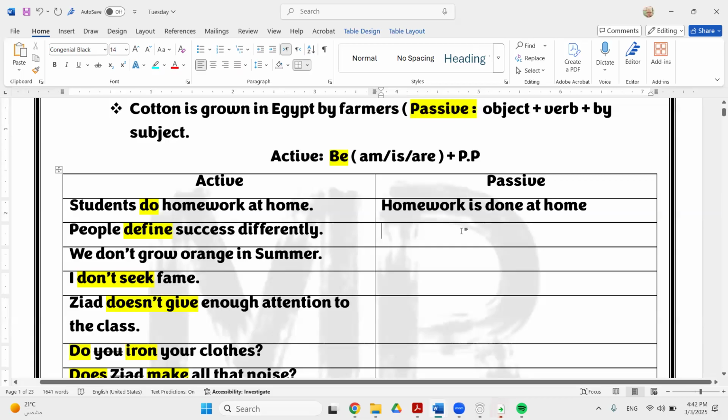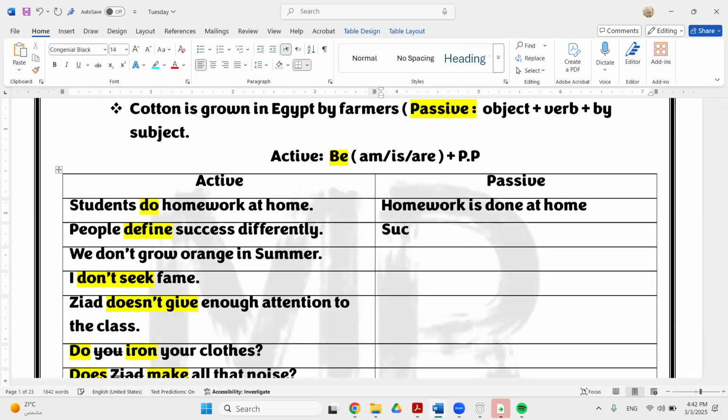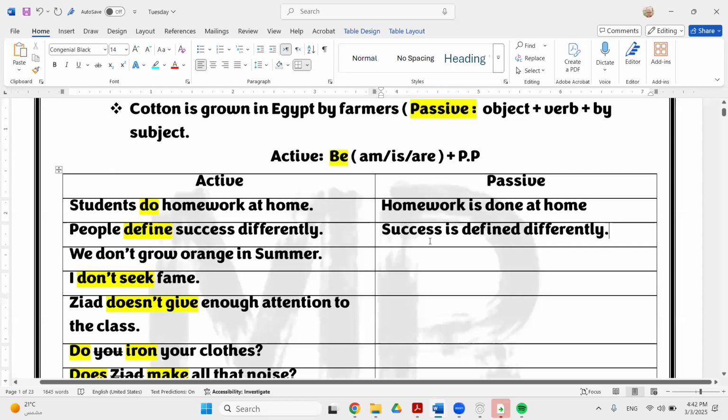If you're ready, go. Success is defined differently. Perfect. I started with success. استخدمت form of the verb to be, and الmain verb خليته في past participle.